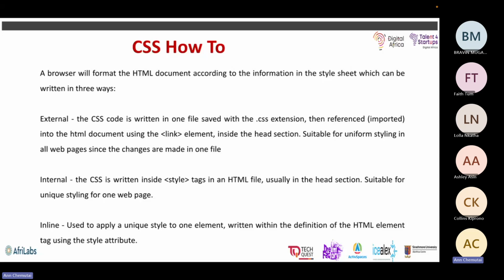And the advantage with doing this is the changes are made in one file. So if I need to change the color, I don't need to go to each document and look for the paragraph and modify it. I just need to change the color in one line and things are fine.